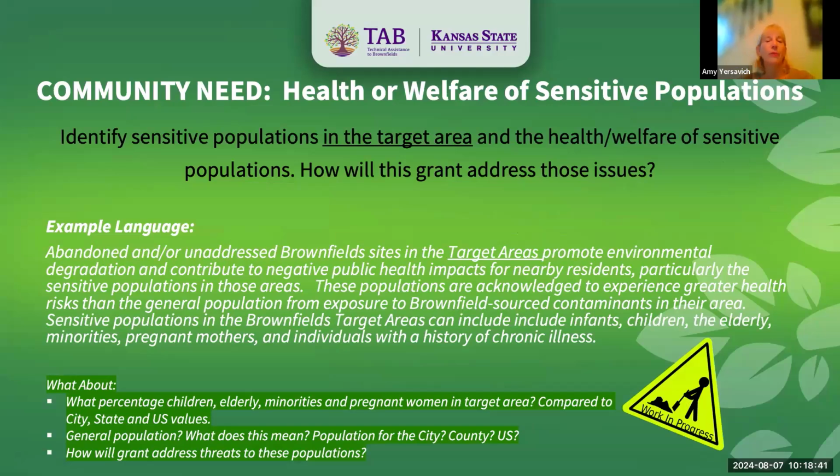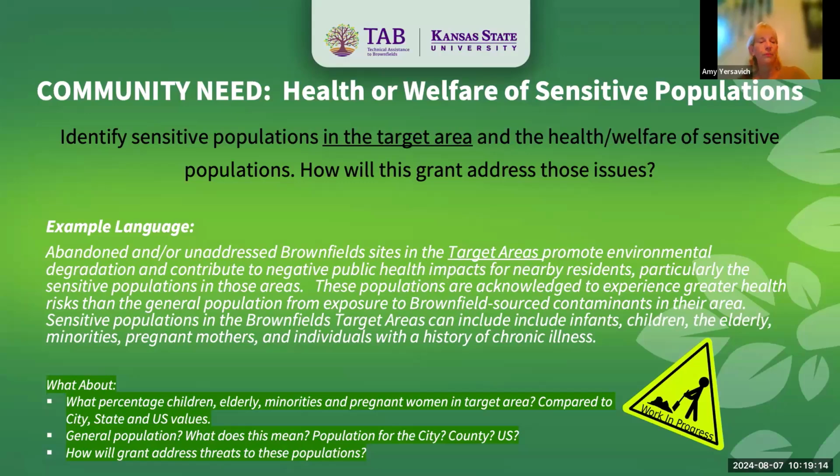Some example language that we've seen in grants: abandoned and or unaddressed brownfield sites in the target areas promote environmental degradation, and contribute to the negative public health impacts for nearby residents, particularly the sensitive populations in these areas. These populations are acknowledged to experience greater health risks in the brownfield target areas, and they can include infants, children, elderly, minorities, pregnant mothers, and individuals with a history of chronic illness.